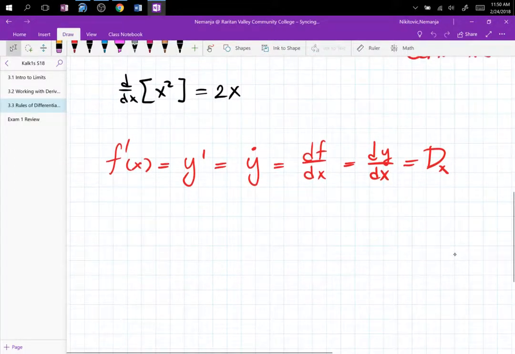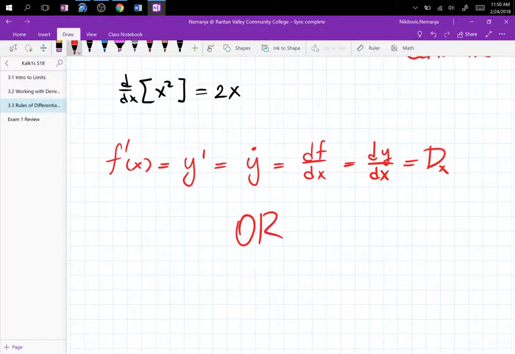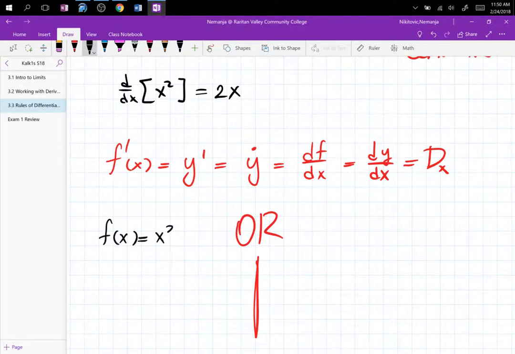I'm going to use the word or and divide the space into two. On the left-hand side, I'm going to have f of x is equal to x squared, and you go f prime of x is 2x in the next line.